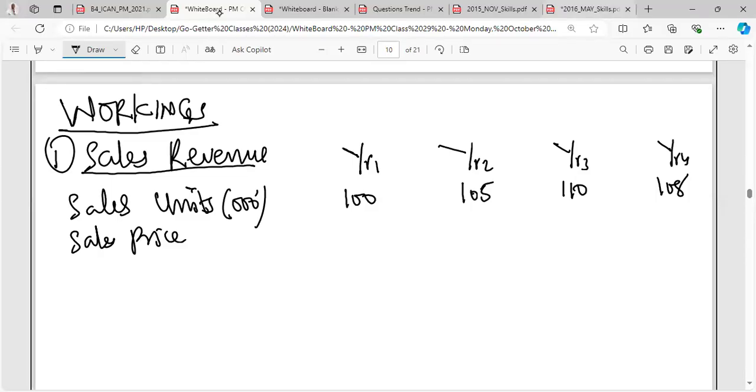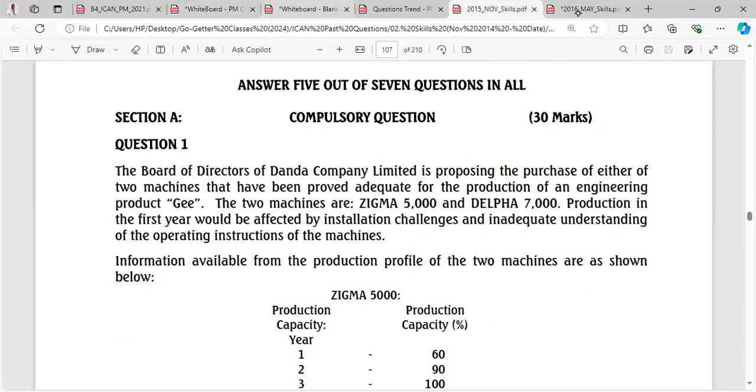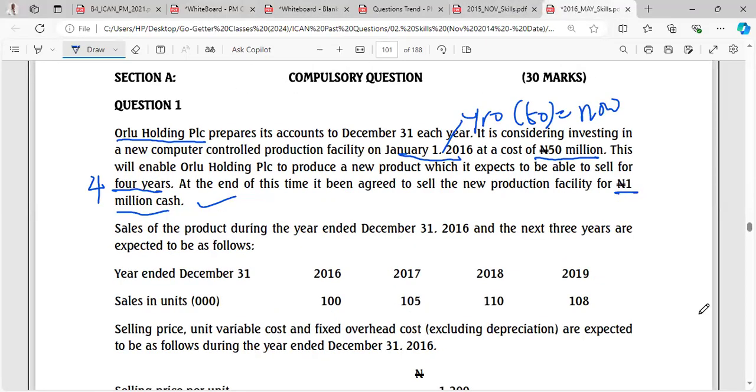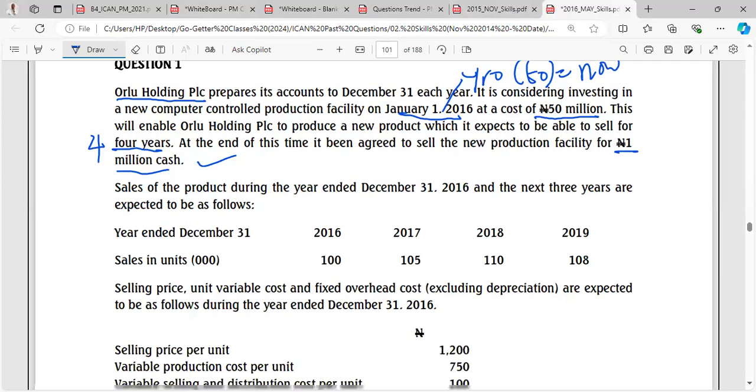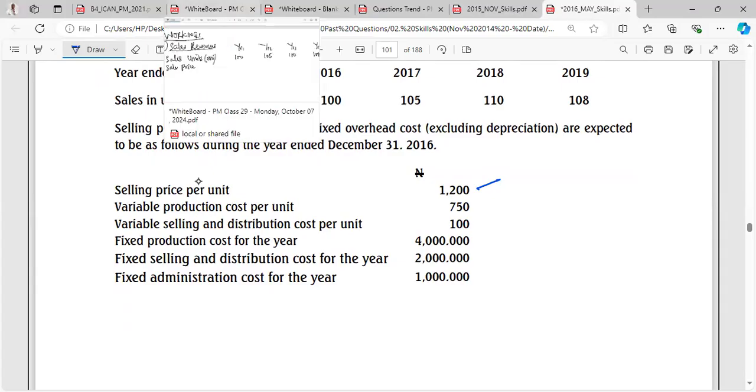Okay, so what's the sales price? The sales price here is 1,200 for 2016. So this is what we are going to do.